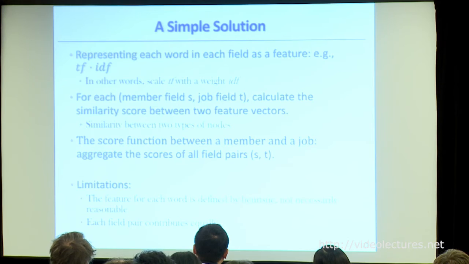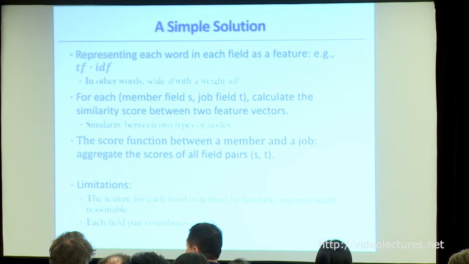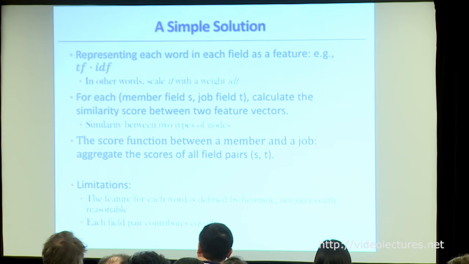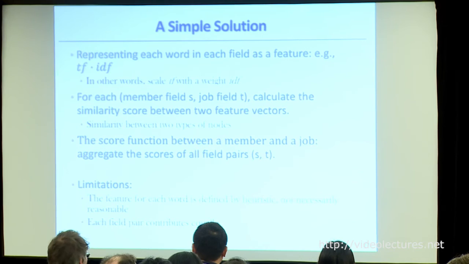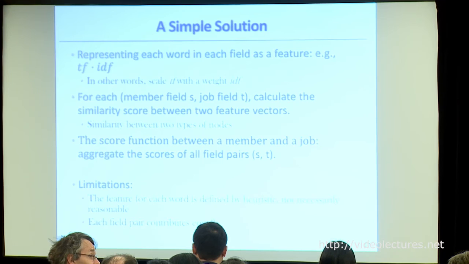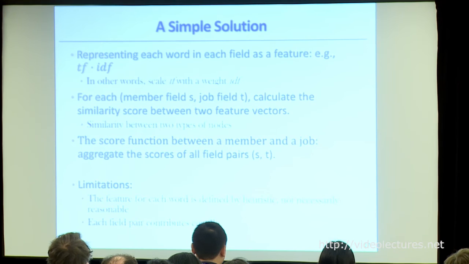A simple solution is to admit that different fields play an important role in the match. So for each field of the user and each field of the job, we have a TF-IDF representation for those words, then we do cosine similarity and sum over all the possible fields. Then we get a score for each user and each job, and we can do the recommendation. So what are the limitations here?